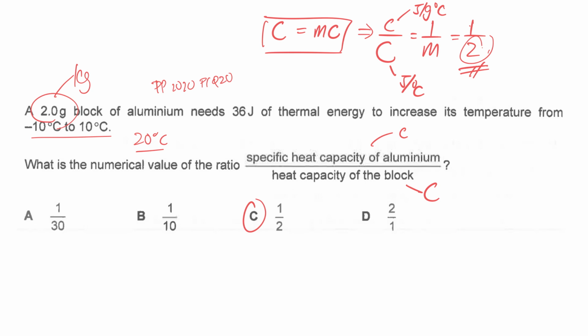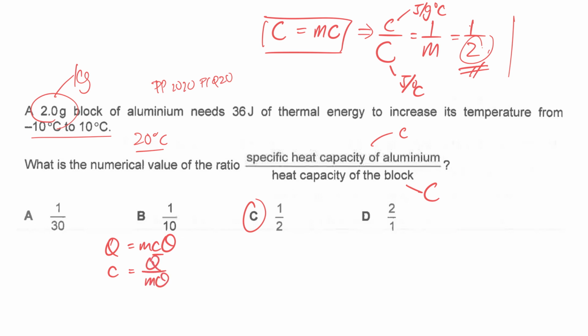But for those who are not really comfortable with this and prefer to do the calculation, you can also. Let's start with Q equals mc theta, the c being your specific heat capacity. So the specific heat capacity will be Q over m theta.